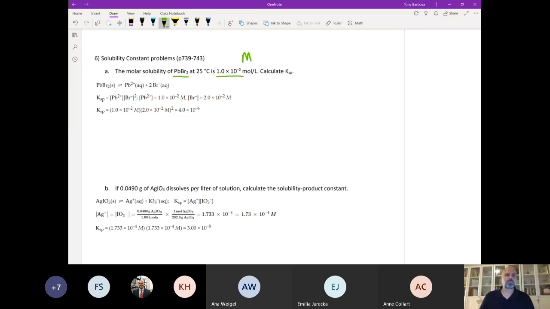Well, for this particular problem, first you need to recognize that when you're dissolving lead bromide, you end up with lead 2+ ions and 2 bromide ions. So your Ksp equation is going to be lead to the first power and then bromide to the second power.